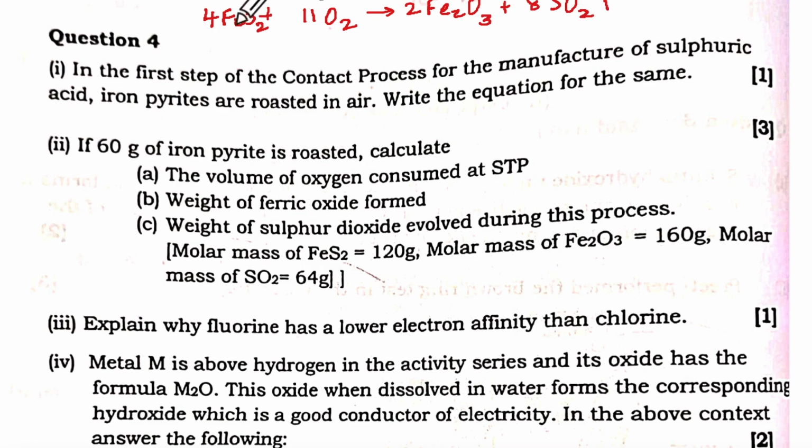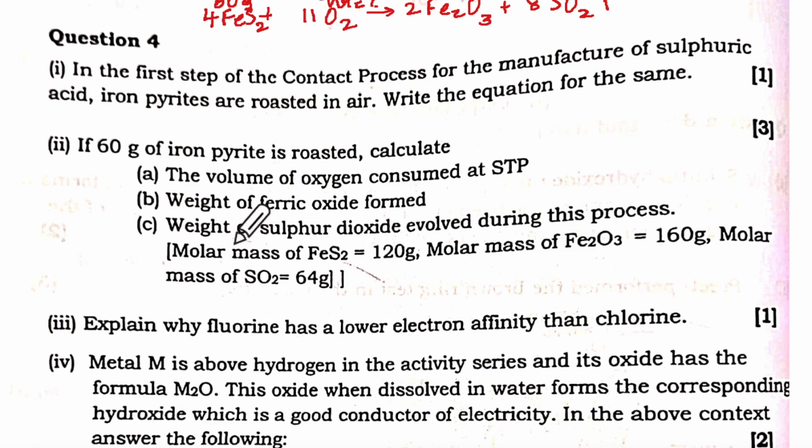Now 60 grams of iron pyrite means this is 60 gram. Understanding? And they are saying volume of O2, that means this volume equal to question mark. Okay. Then they are telling you weight of the ferric oxide formed. So mass of this equal to how much? And weight of sulfur dioxide, so that is M equal to how much.